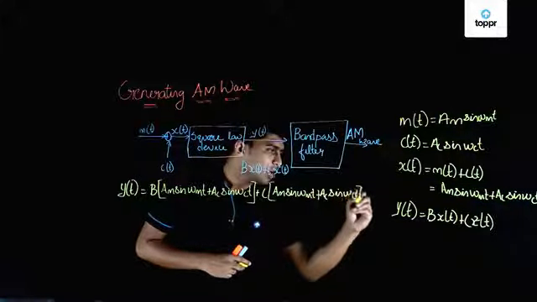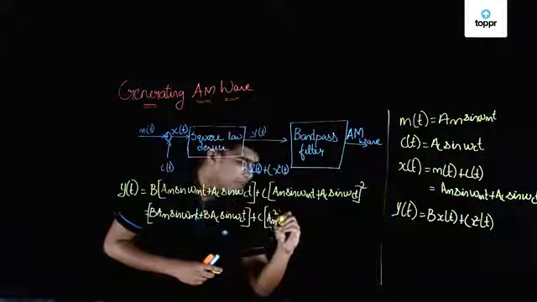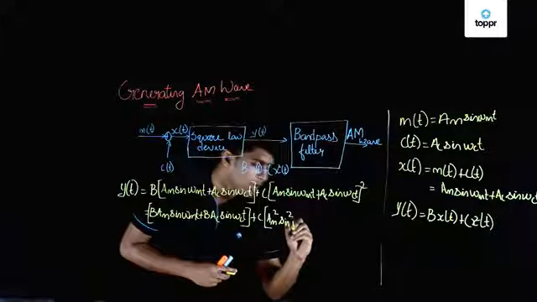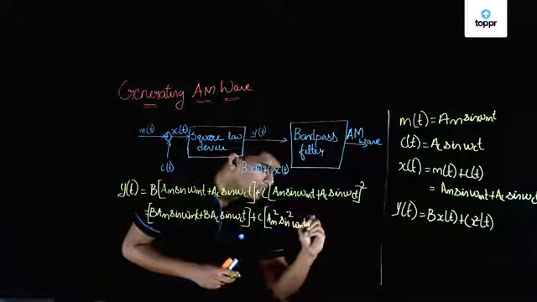That is c into a squared, that is Am squared sin squared ωmt plus Ac squared sin squared ωct plus 2 Am Ac sin ωmt into sin ωct, right?